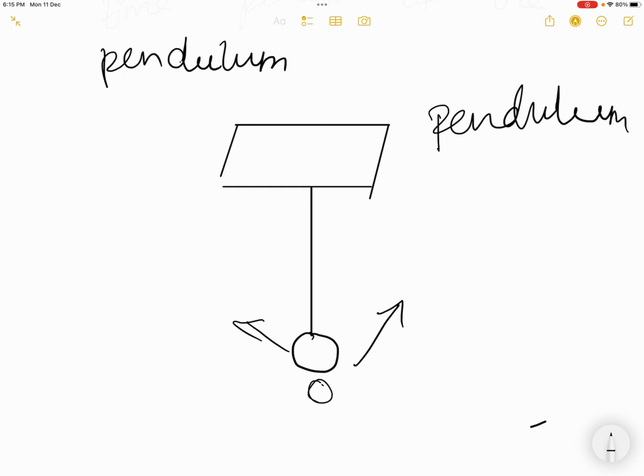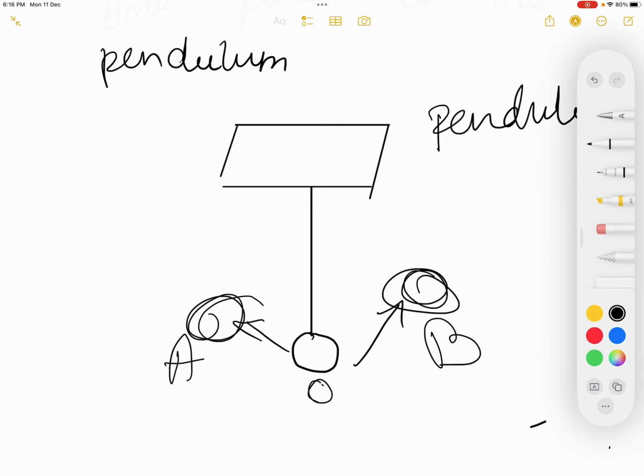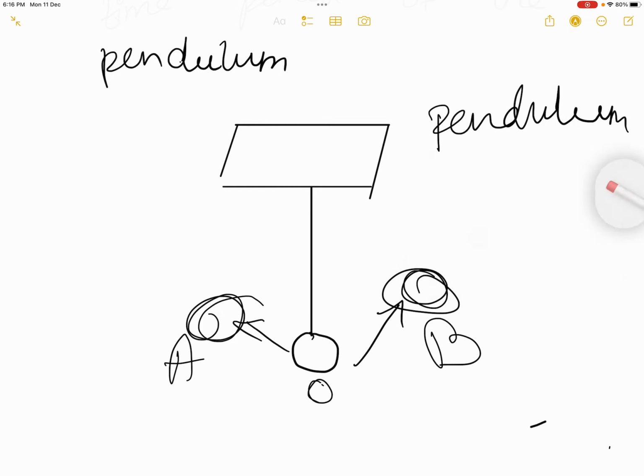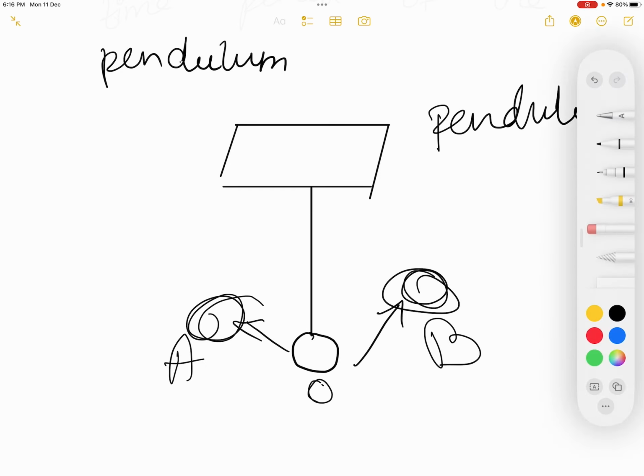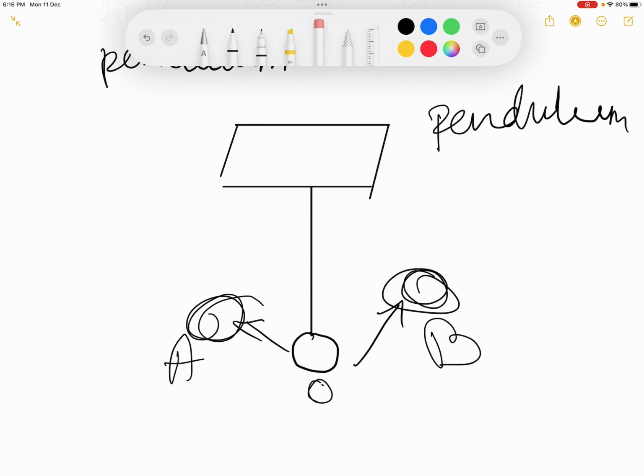Let's see, this is O. This extreme point is A. This extreme point is B. Till now everyone is able to understand, I hope so. There should be no problem at all.